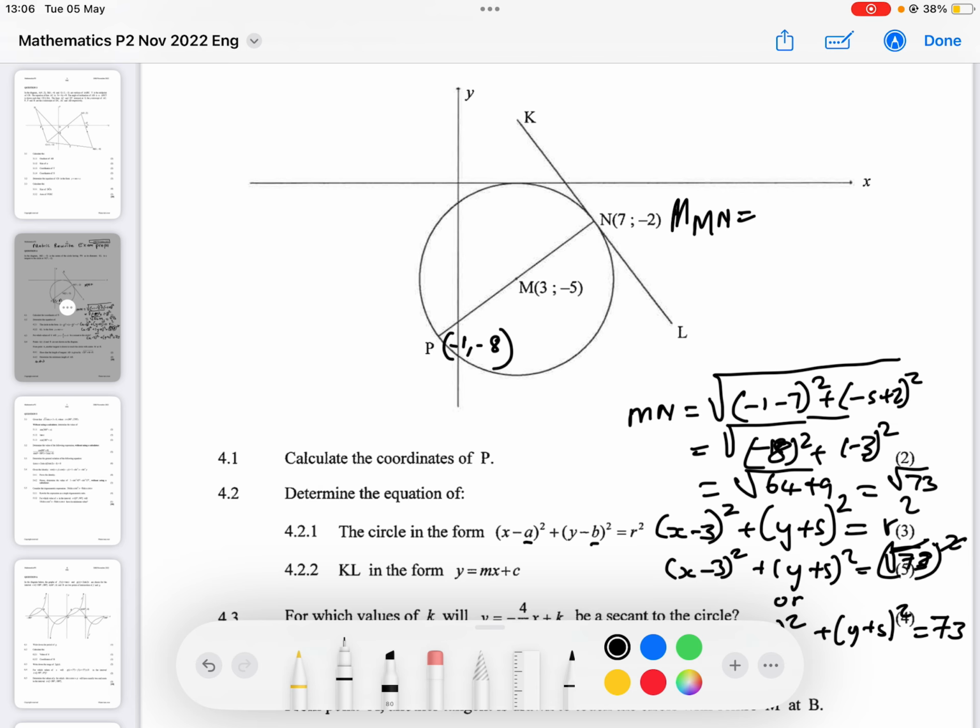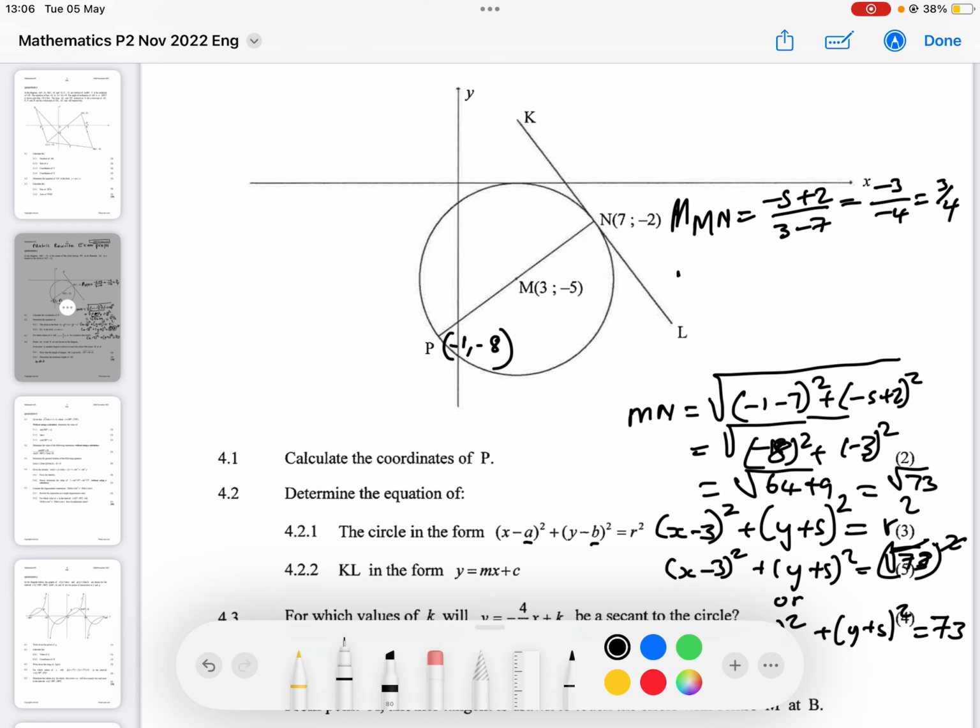The gradient of MN, I can see, will be y2 minus y1, so minus 5 plus 2 over 3 minus 7. My solution here will give minus 3 over minus 4. The answer will be 3 over 4. So this is the gradient.